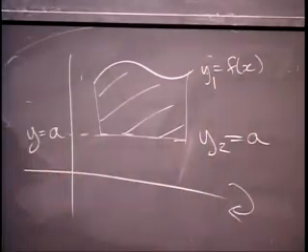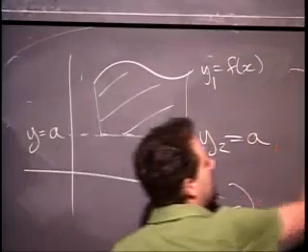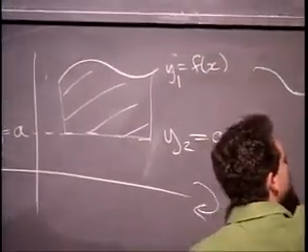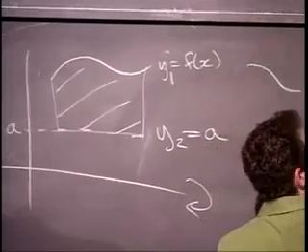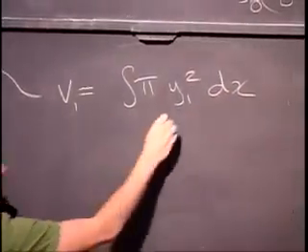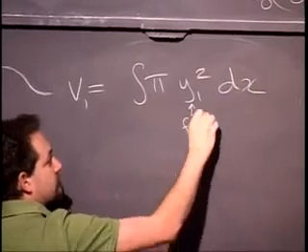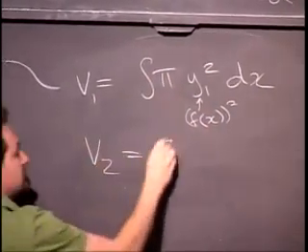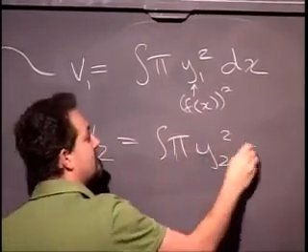So the bottom volume, in particular, y1, well, let's say it goes around the x-axis. v1 is just, in this case, pi y1 squared dx, and you just copy in whatever that f of x is, all squared. And v2 is pi y2 squared dx.